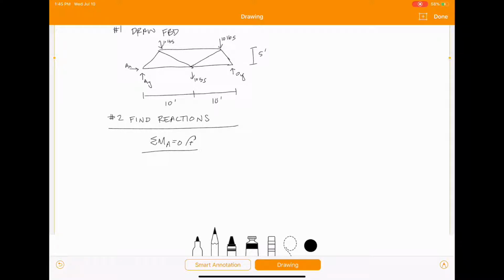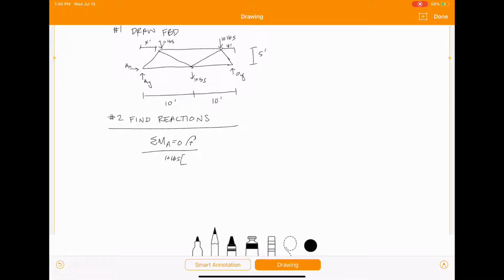So sum of moments about A, we're going to have 10 pounds times its moment arm, which we should put those dimensions in there. Let's just say from here to here is 4 feet, and same with this side.